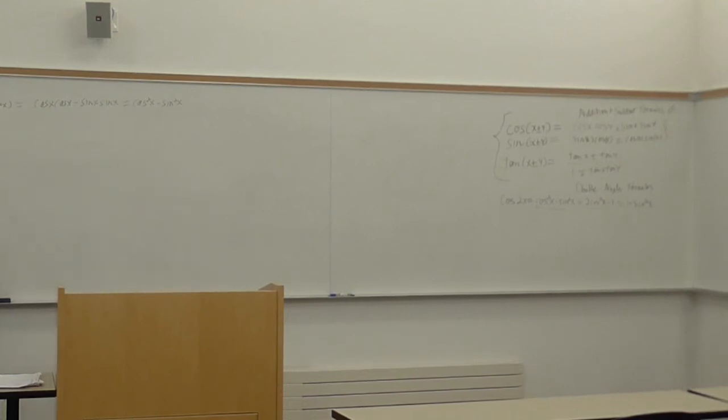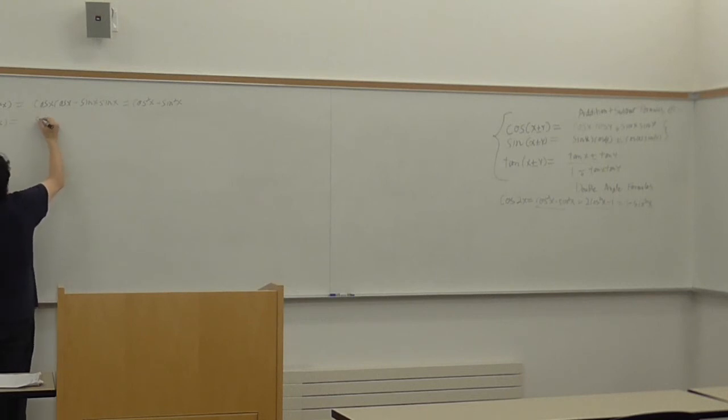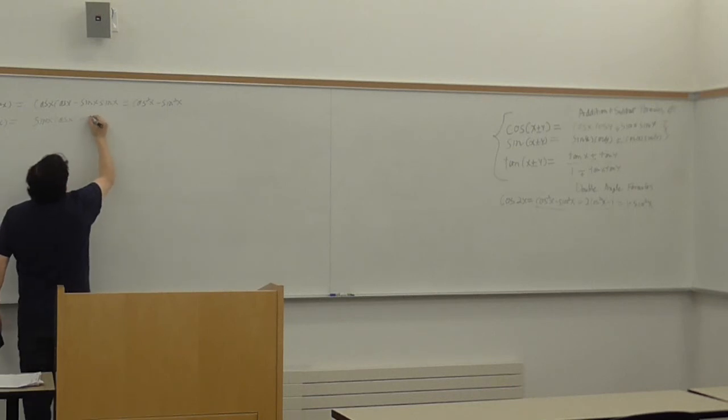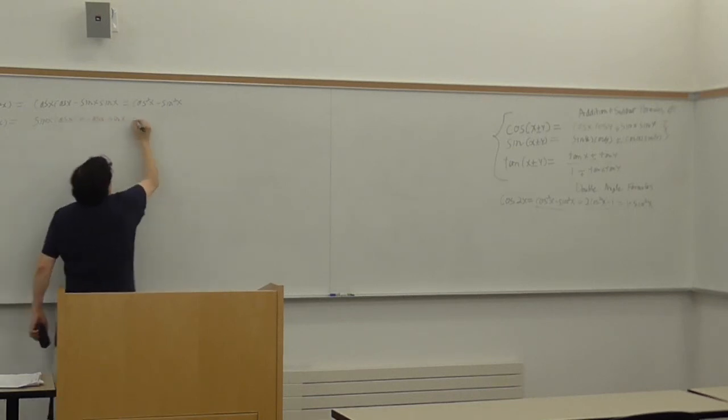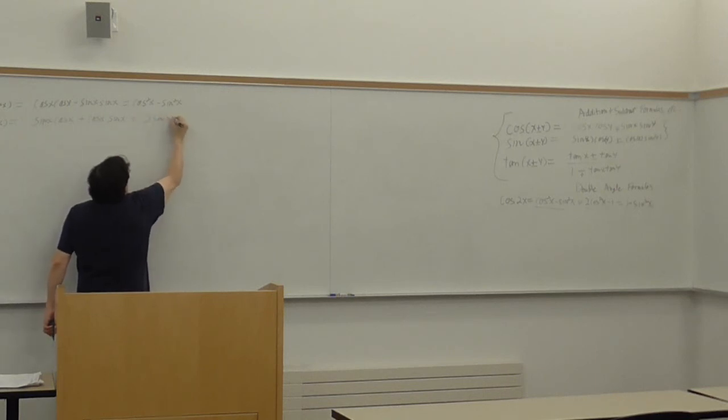Double angle for sine, not quite so flexible. It's going to be sine x cosine x plus cosine x sine x. Well, that's just 2 sine x cosine x.